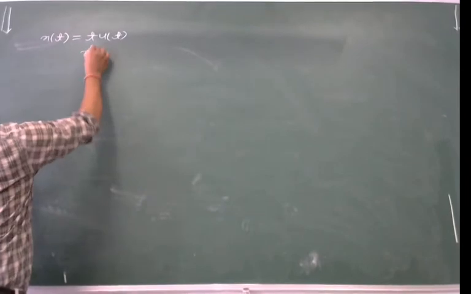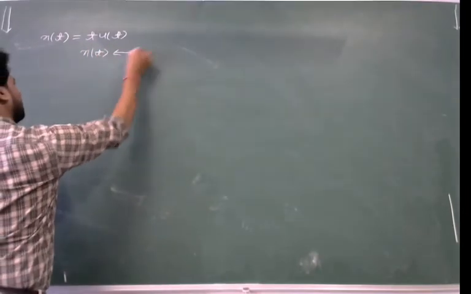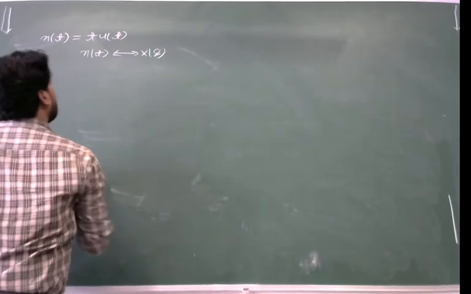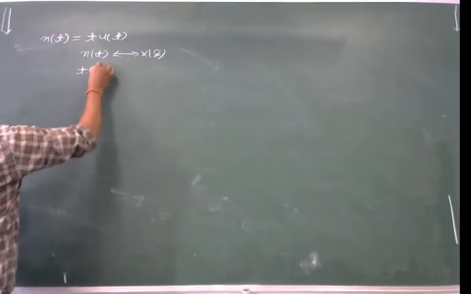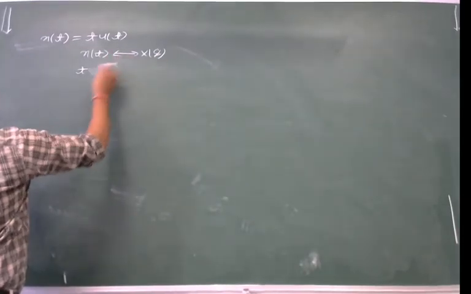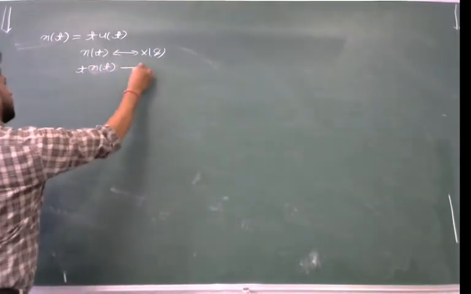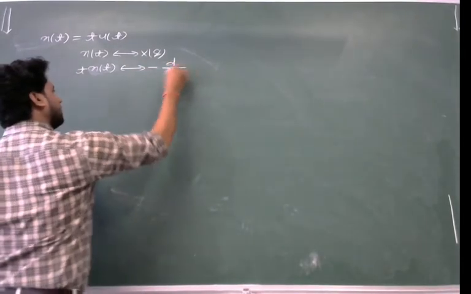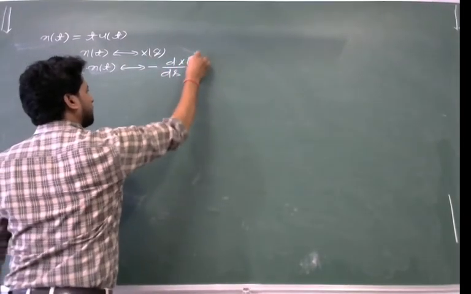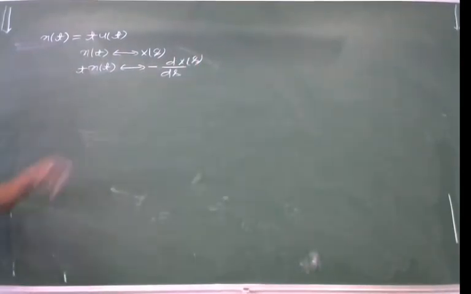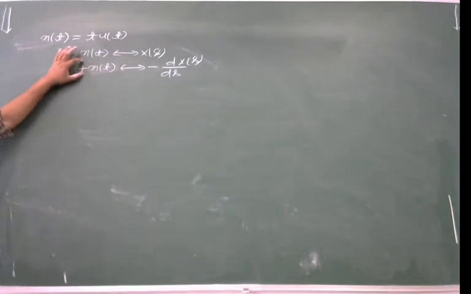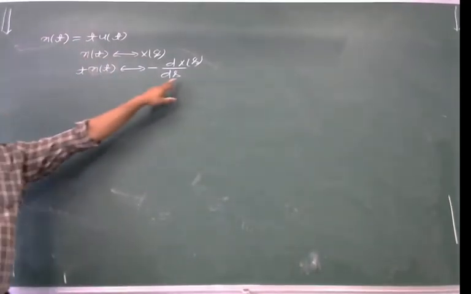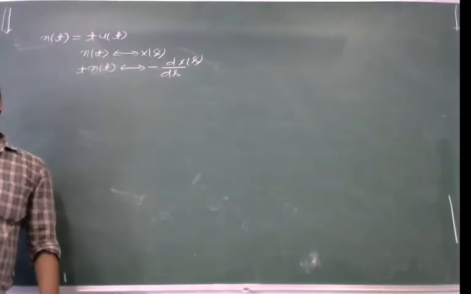This is based on the differentiation in s domain property, which says that if the Laplace transform of x(t) is X(s), then the Laplace transform of t times x(t) will be equal to minus d by ds of X(s). It means if we are multiplying the signal in the time domain by this factor t, then the signal in the s domain will be differentiated with respect to s.